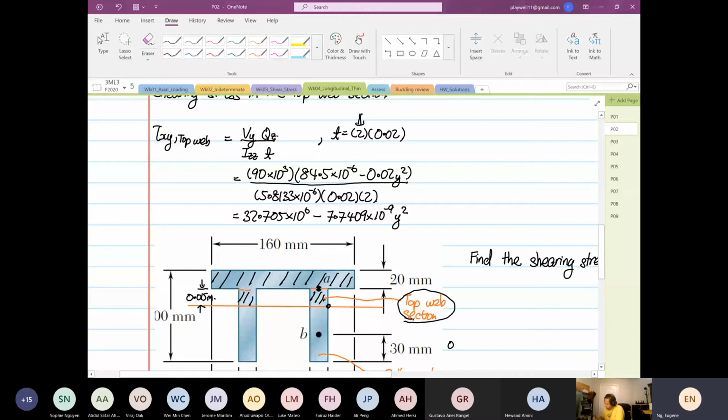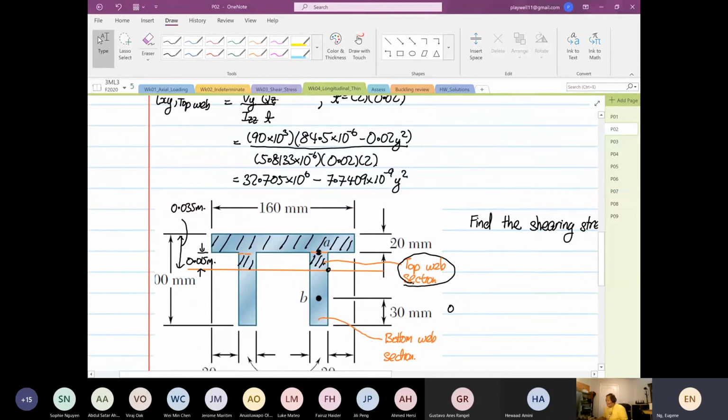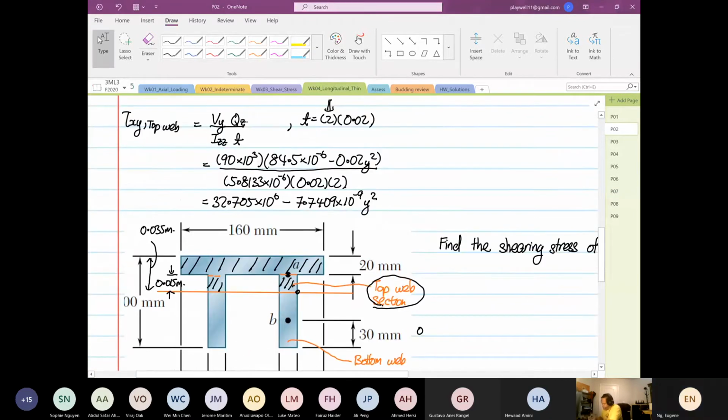From here to here is our centroid, which is 35 millimeters, so the distance is 0.035 meters. This expression over here is our first moment of area for the top web.